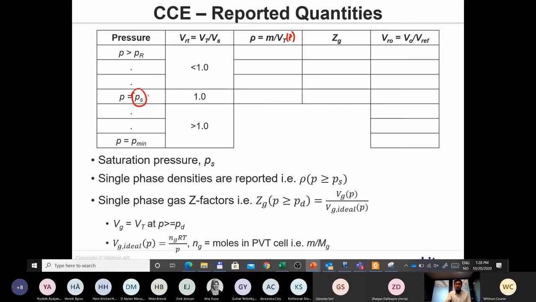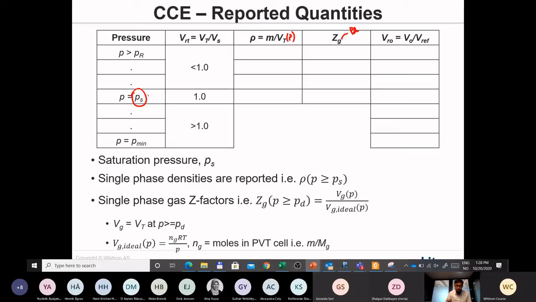Gas Z factors are again only relevant for the dew point samples, so you get these gas Z factors for gas condensate reservoirs, for example. And then this VRO is the relative oil volume, which is the oil volume divided by some reference volume. We will see what the different reference volumes used in the PVT lab are to define the VRO curve.